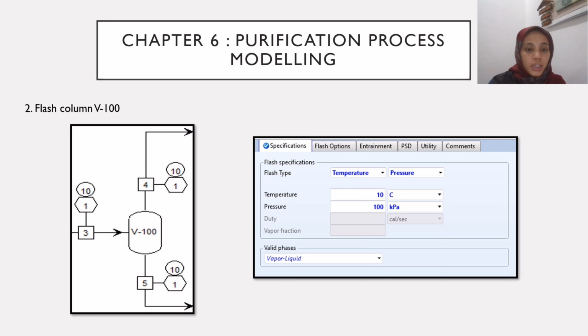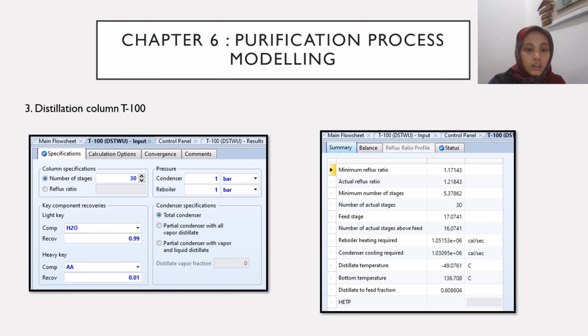Next, to separate acetic acid and acrylic acid from the output stream, flash 2 V100 was used, and the result was quite ideal with some water. Okay, for distillation column T100, we will first use a shortcut distillation column, which uses the DSTWU to get the optimum number of stages, reflux ratio, and other necessary column operation parameters.